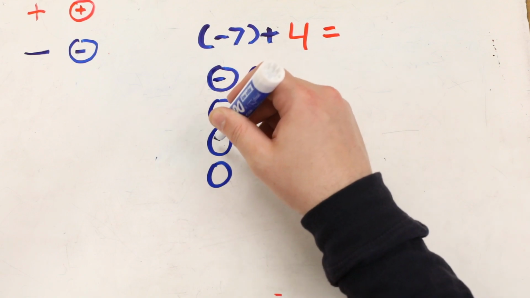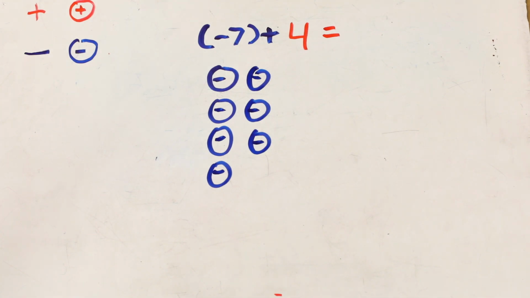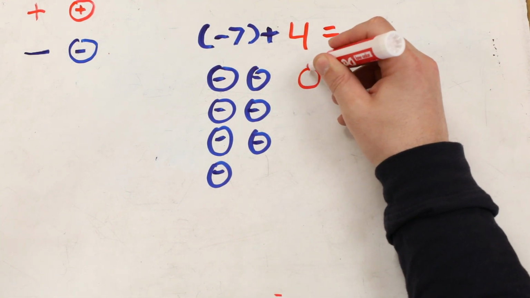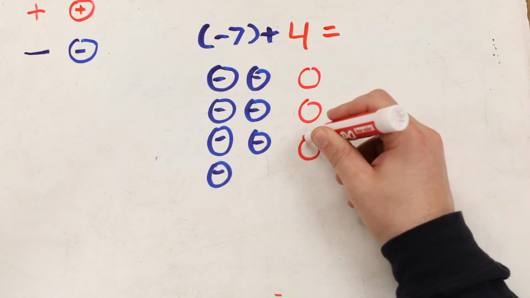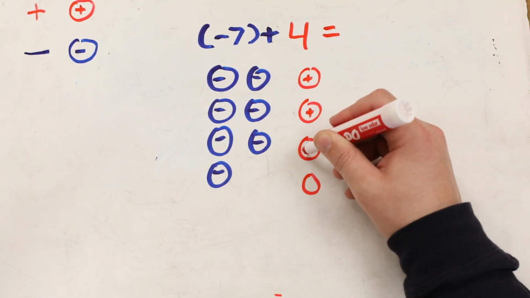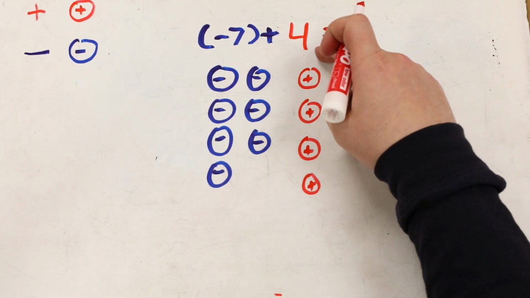I'm just going to add my negative symbol inside these circles, and these 7 integers represent my -7. In the question, I'm adding in 4 positives or 4 heats. So 1, 2, 3, 4, and I'm going to draw my positive symbol inside. These 4 represent my 4 heats.